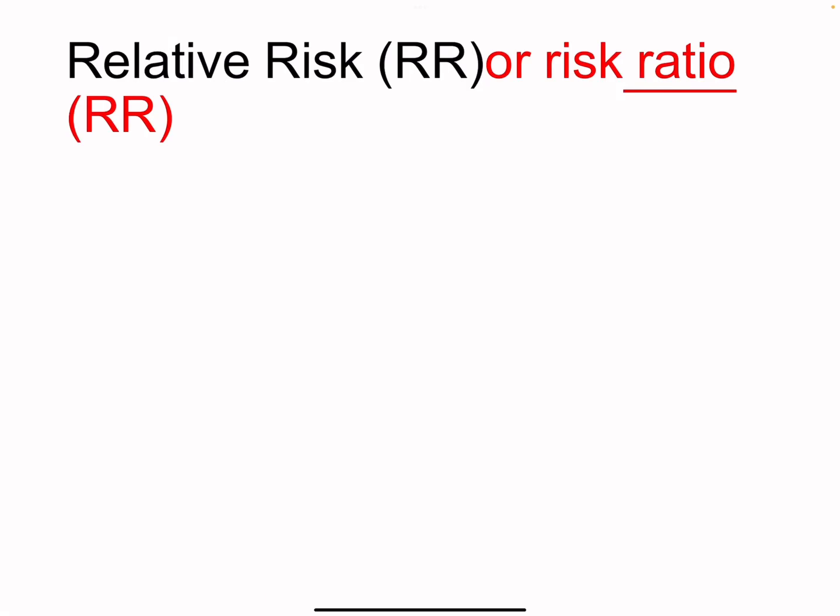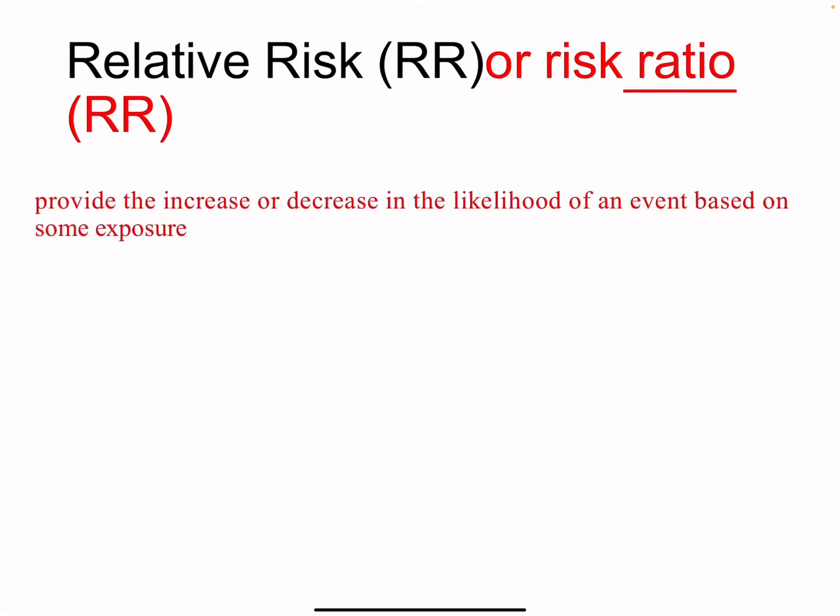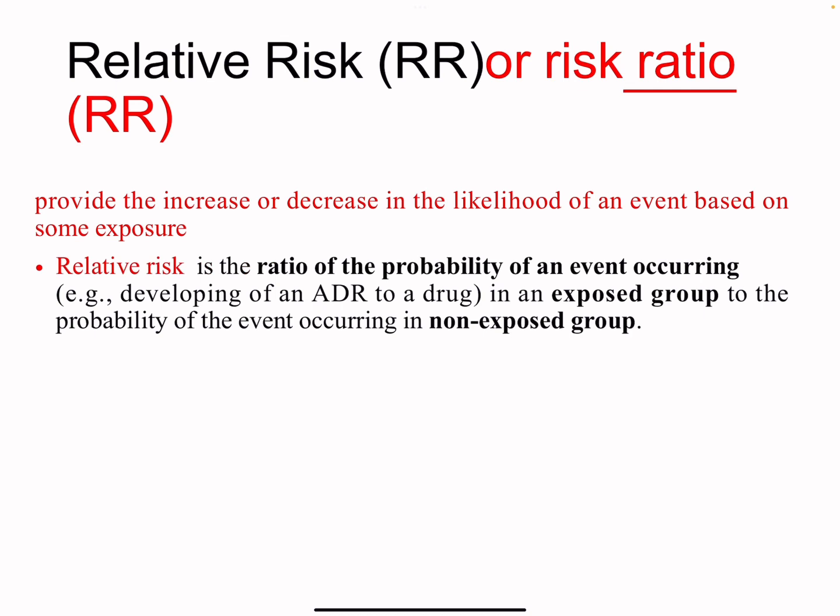The relative risk or the risk ratio provides the increase or decrease in the likelihood of an event based on some exposure. That means it is the ratio of the probability of an event occurring.